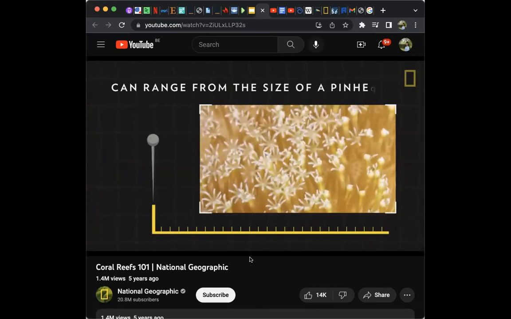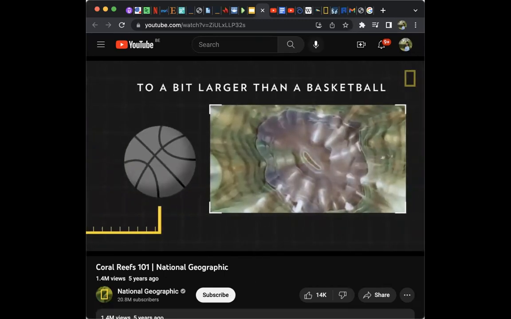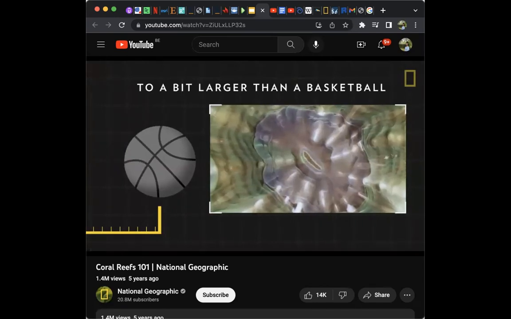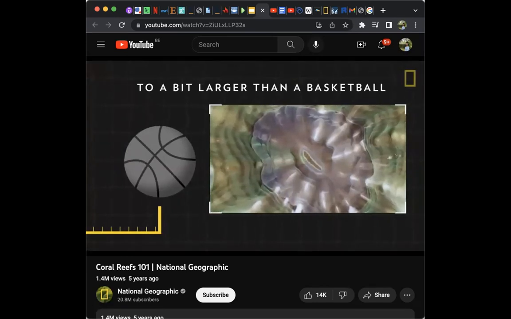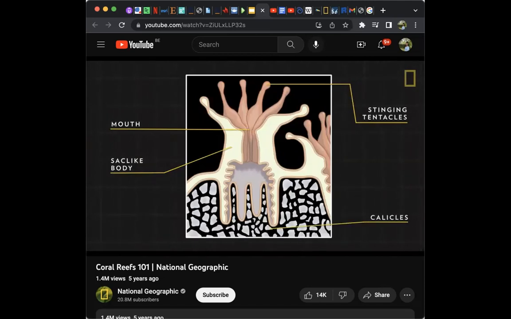These invertebrates can range from the size of a pinhead to a bit larger than a basketball. Each polyp consists of a soft sac-like body topped by a mouth covered in stinging tentacles. To protect their soft bodies and add support, the polyps secrete limestone skeletons or calicles.